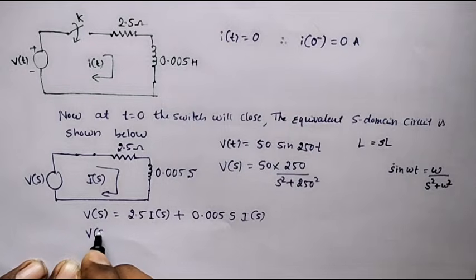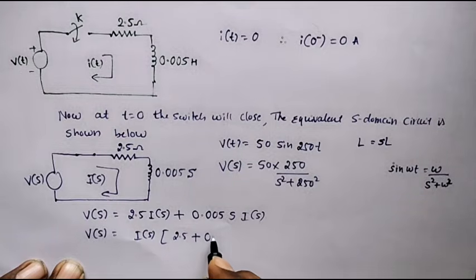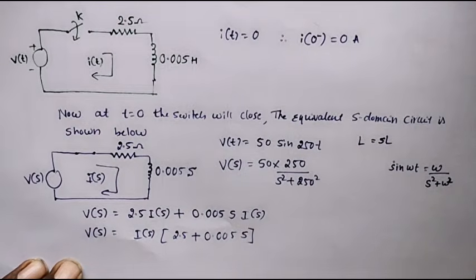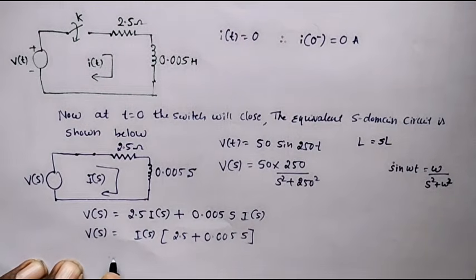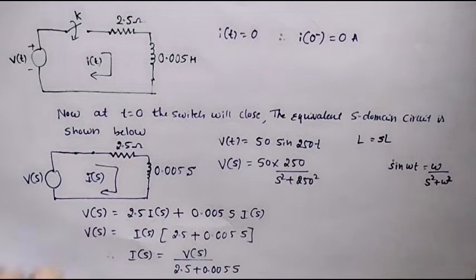We can write it as V(s) equal to I(s) times 2.5 plus 0.005 s. Therefore I(s) can be written as V(s) divided by 2.5 plus 0.005 s.